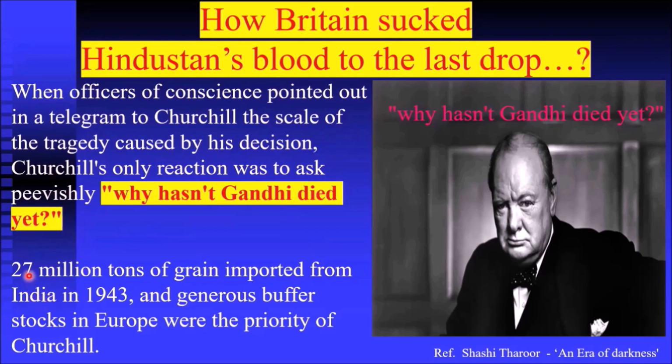Just reflect. 27 million tons of grain imported from India in 1943 and generous buffer stocks in Europe were the priority of Churchill, which caused the death of several millions of innocent citizens of Hindustan. And watch this arrogant face. Why hasn't Gandhi died yet?